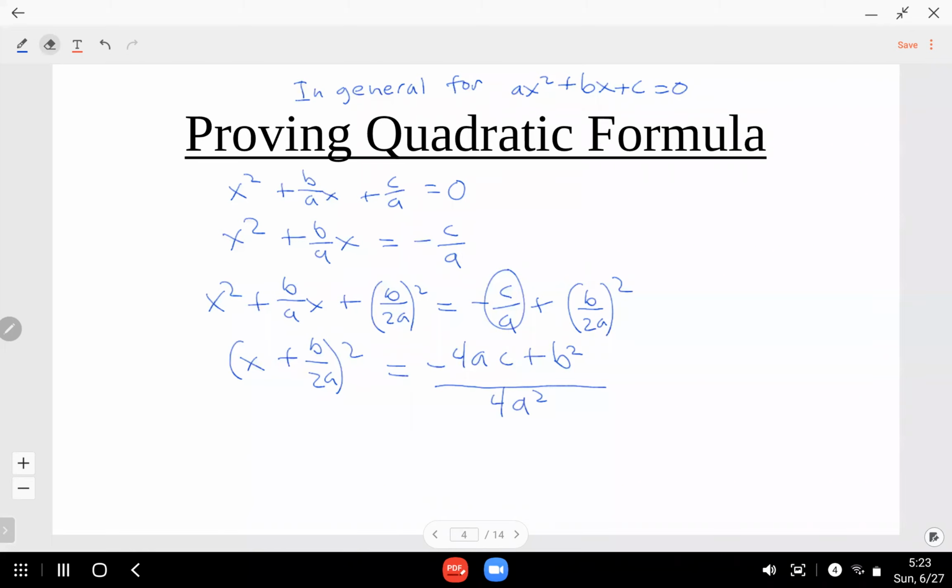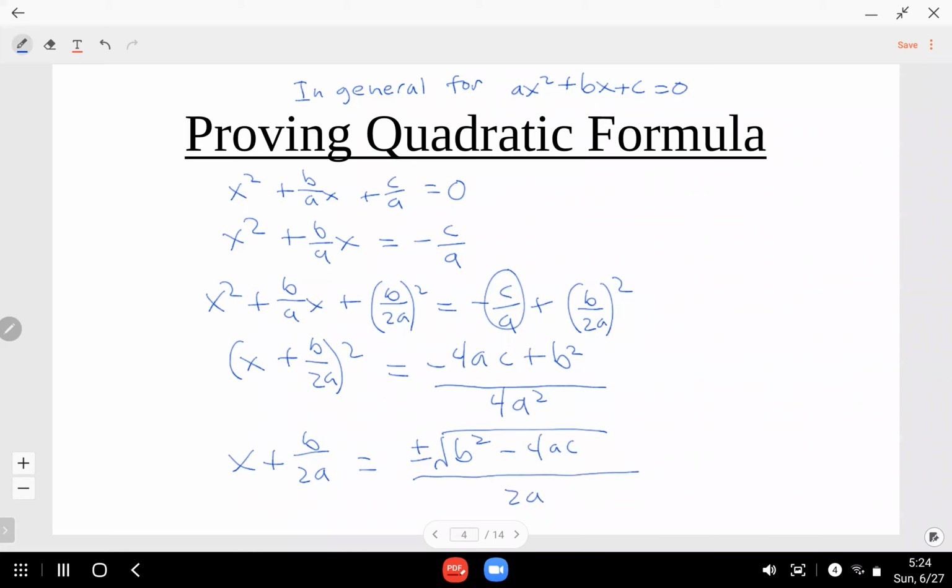So after you get this, it's starting to look like the quadratic formula, right? And then you just square both sides. All right, so after you square both sides, x plus b over 2a equals plus minus, and this can be square rooted actually, so it's b squared minus 4ac over 2a.